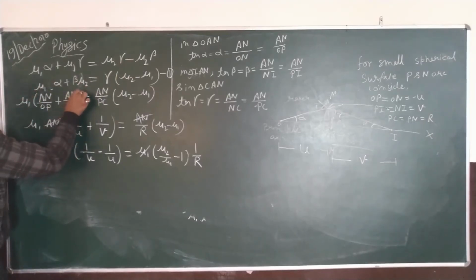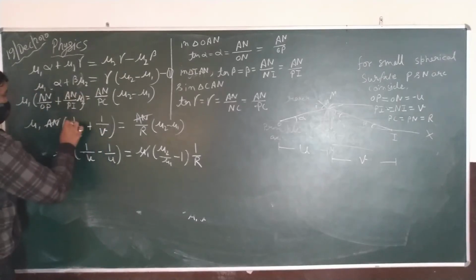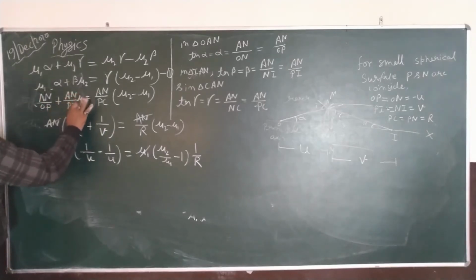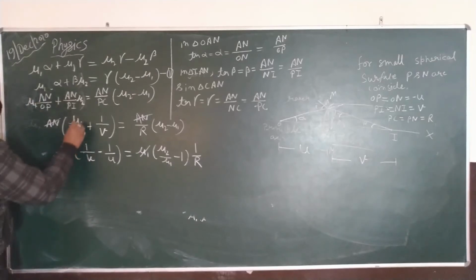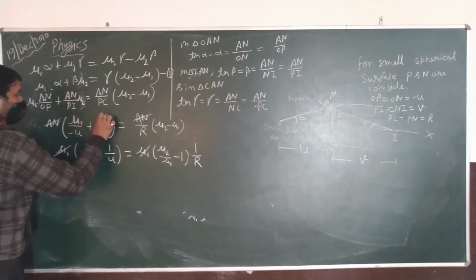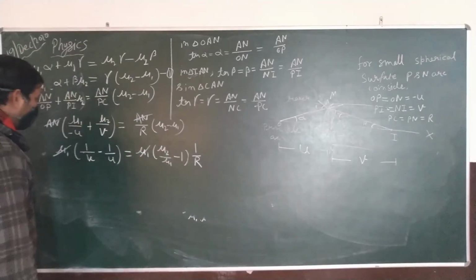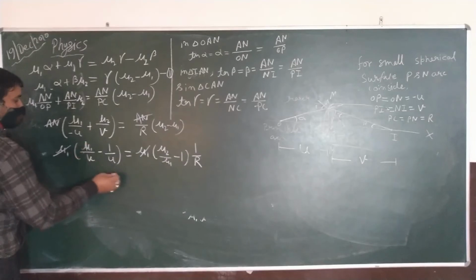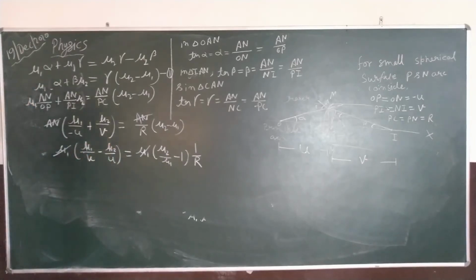So we have here beta mu2. Okay, and mu1 is common.